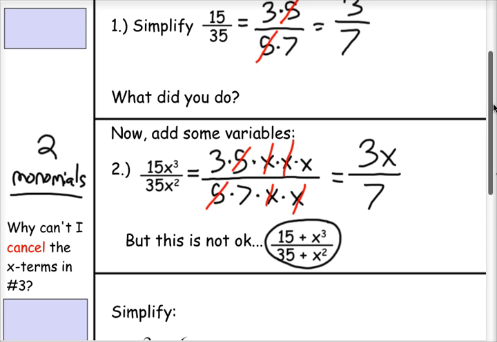That has some addition and subtraction going on. So whenever you have addition and subtraction happening in the fraction, you don't do that process, all right?